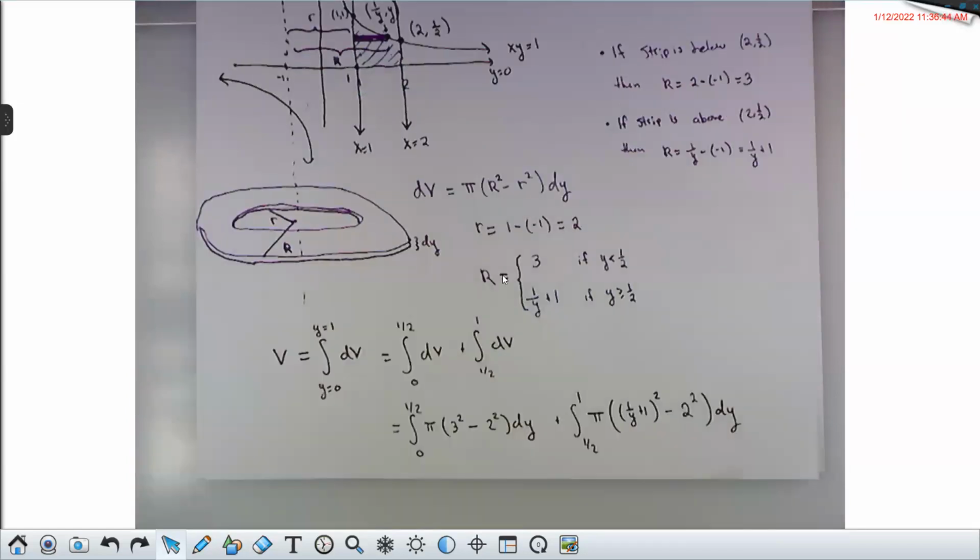So this is the tricky part, realizing that means you need to split up the integral, and then getting these by plugging into our formula for dv. Careful, Sean, it's not a -2 all squared. Remember, capital R squared minus little r squared. So capital R is 3 in this first piece, and little r is always 2.